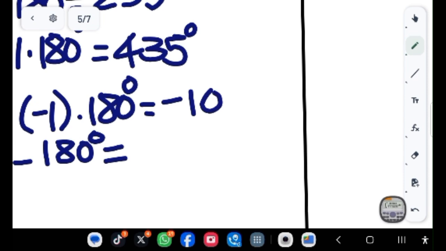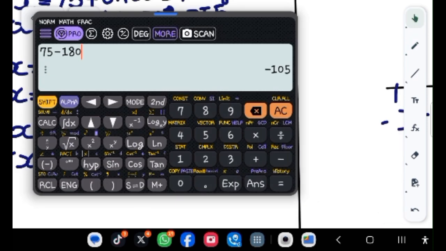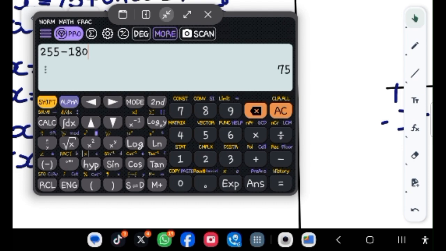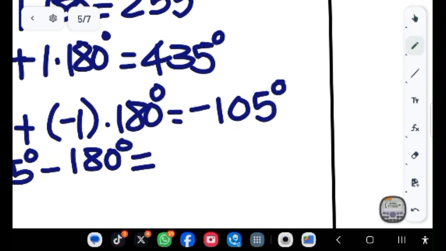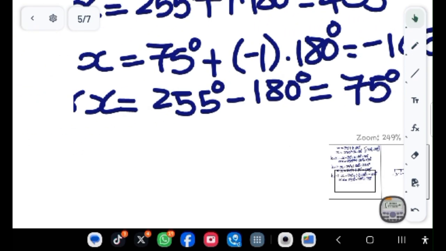And then 255 minus 180 gives us 75. All right, that is 75. Okay, we're still within the restrictions.